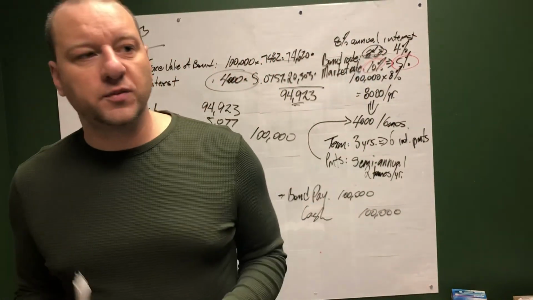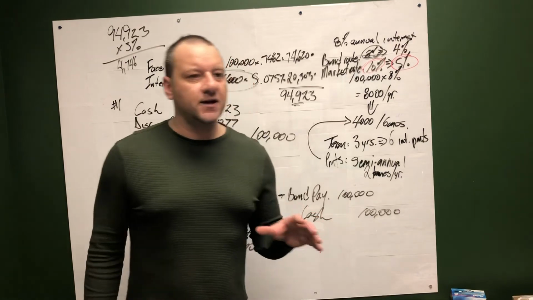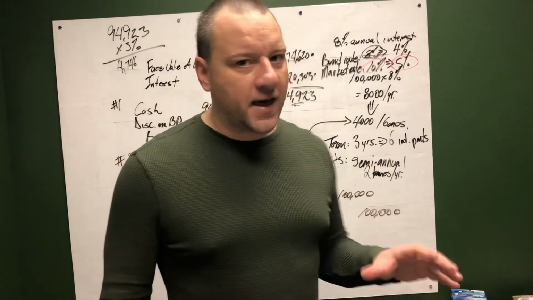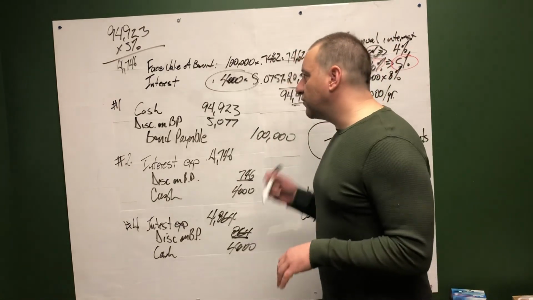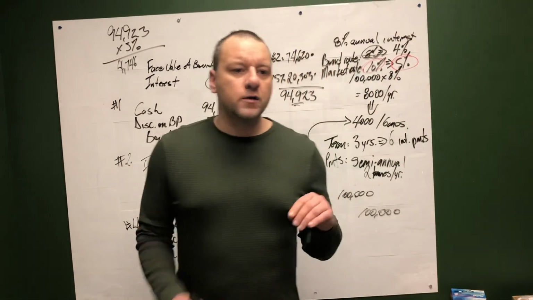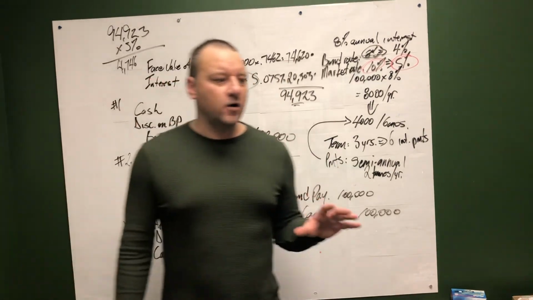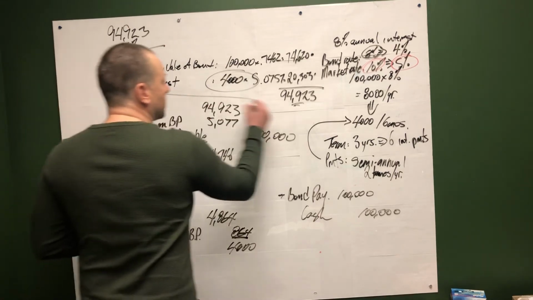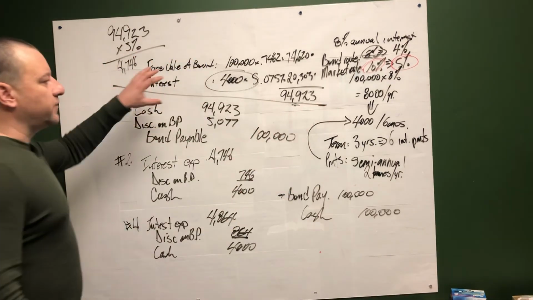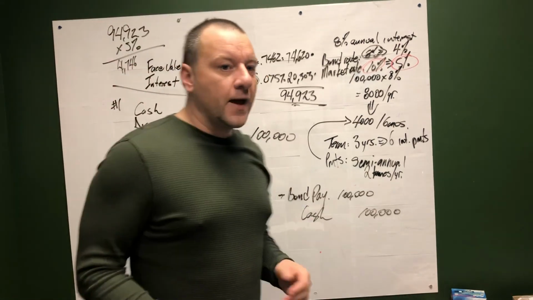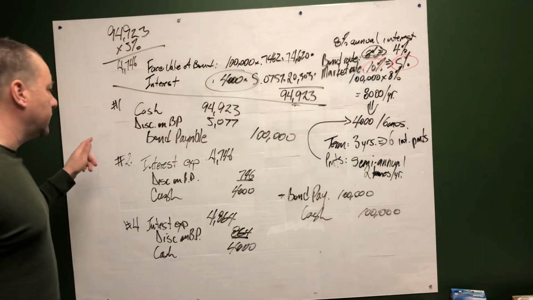For anyone who has not yet handed in their midterm exam, please hand that in. Again, a reminder: this topic is on the exam. I almost always use the discount method on the exam, so make sure you can calculate the sales price of the bond using the present value tables, and make your journal entries.